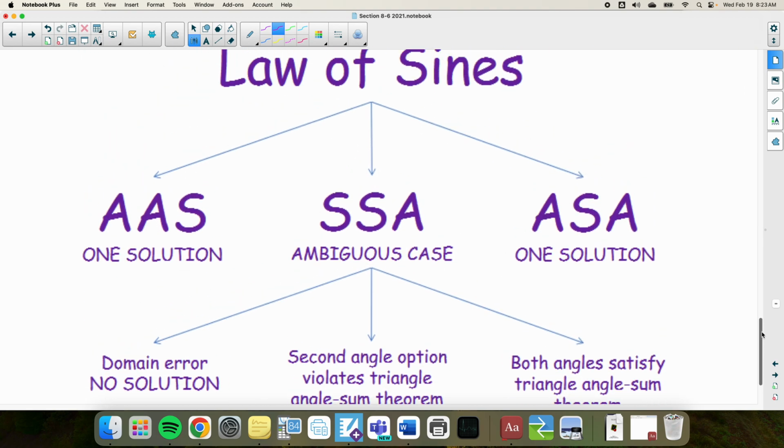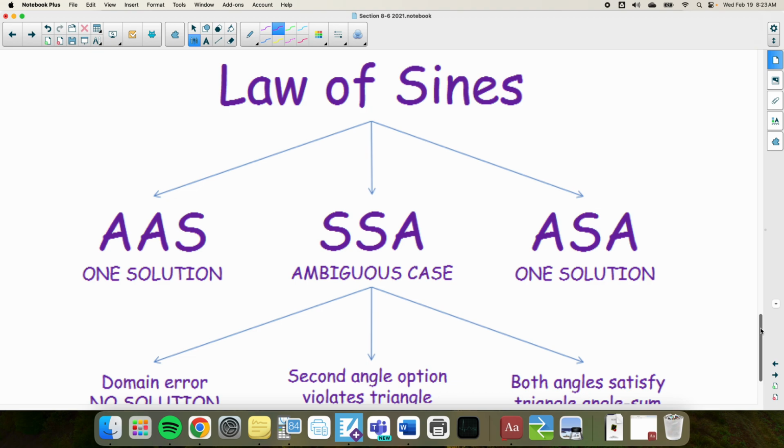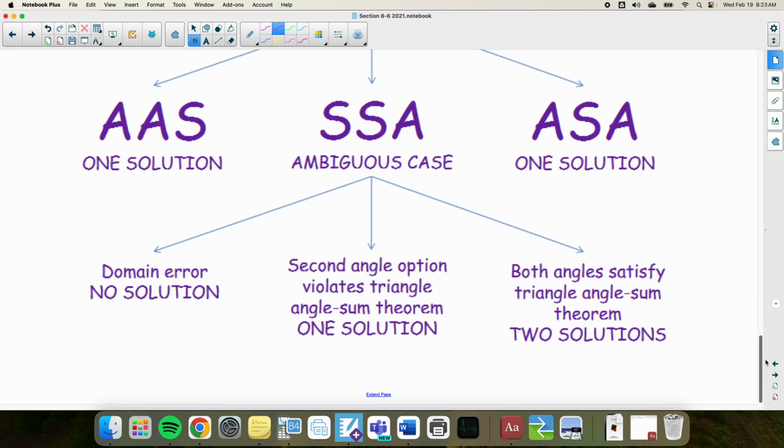When you have angle, angle, side, which was that first one, you have 1 solution, so we do those. When you have angle, side, angle, you have 1 solution, so we do those. But when you have either side, side, angle, or angle, side, side, you can have 3 different types of solutions, and it gets confusing.